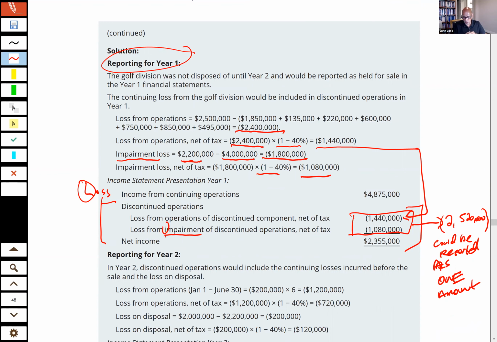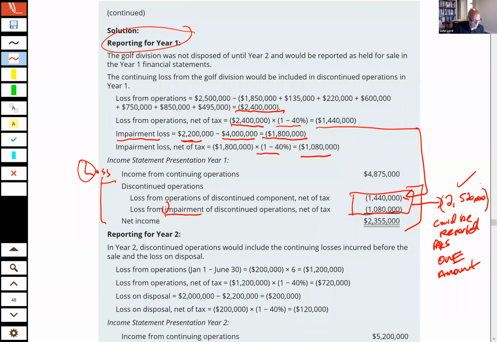At that point, you just stop depreciating it. And then the impairment loss, and as I'm putting that amount in parentheses, you don't have to call out each element. On the exam, they'll probably ask you, what would be the loss from discontinued operations in year one? They're not going to ask you the separate numbers. They're going to ask you that number as the question answer. That's part of the reason I'm pointing that out.